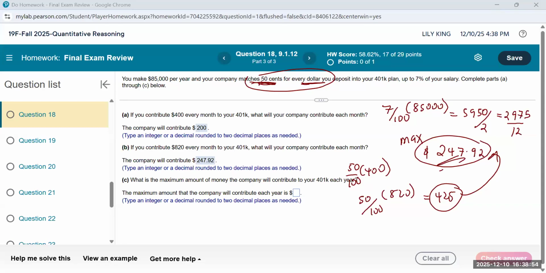All right, now the maximum amount of money the company will contribute to your 401k each year. So each year is going to be 2,975. So that is what we found. You take 7% of 85,000, that gives you 5,950. And if they are matching 50 cents for every dollar, that is 2,975. This value right here.